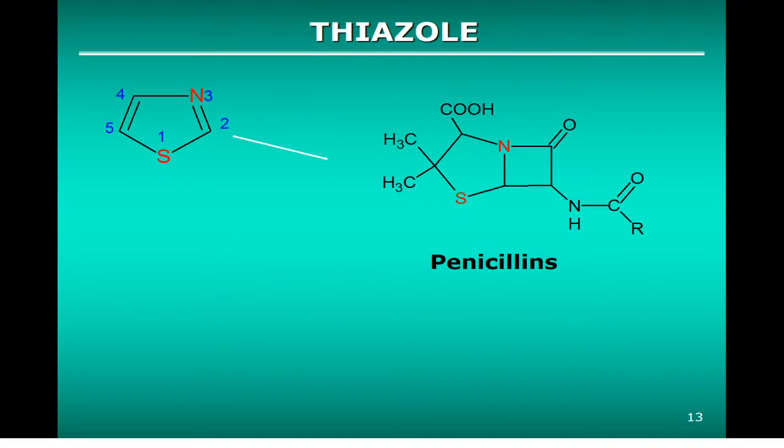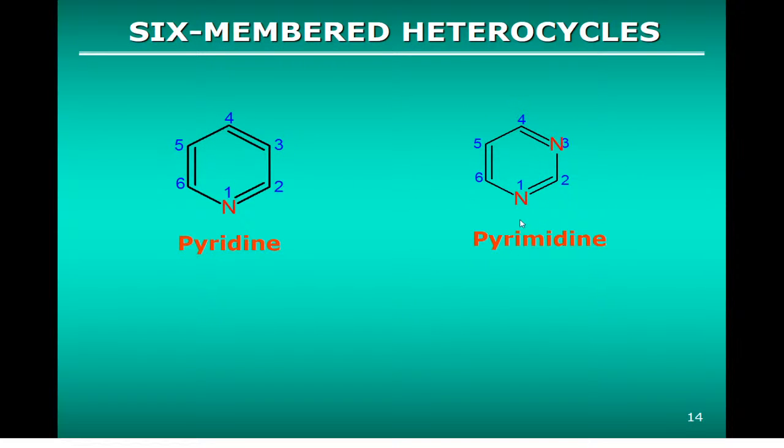So thiazole is a structural unit of some antibiotics, for example penicillins. Together it's a condensed cycle, as you see. Among 6-membered rings, nitrogen containing and oxygen containing, you already know, it's gamma pyran or alpha pyran.